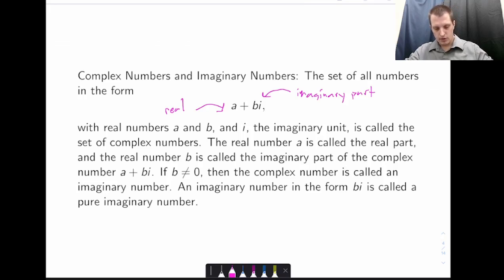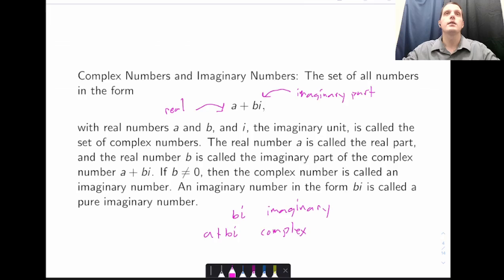So if we just have bi, this is imaginary, whereas if we have a plus bi, this is called complex. It's complex because there's both the real and the imaginary portion. It's a combination of real things and imaginary things. Whereas bi, if it's just i with a number as a coefficient, that's just imaginary. So complex is more complicated.